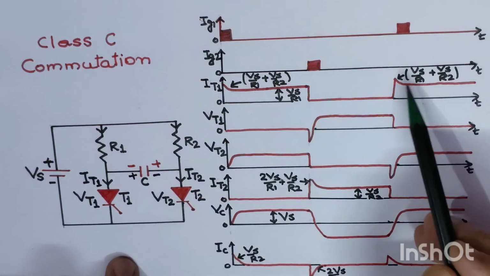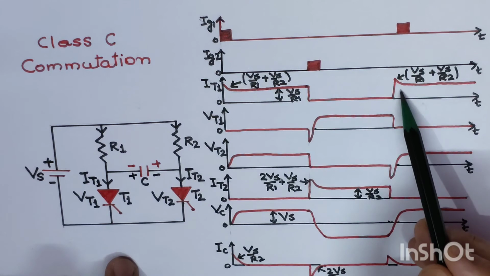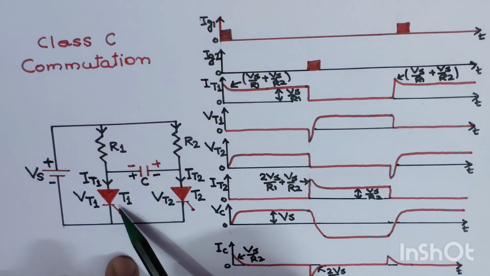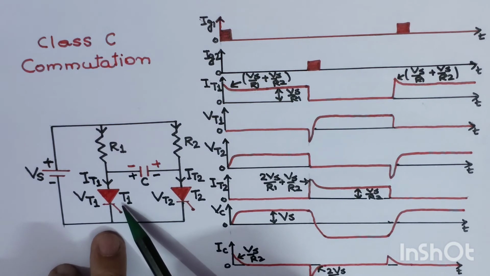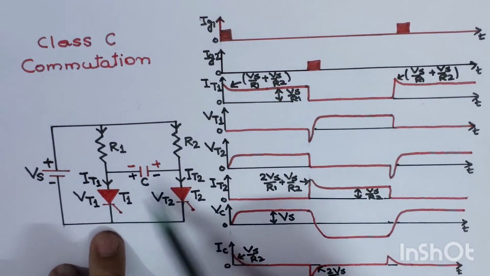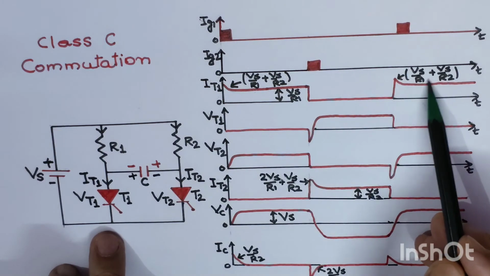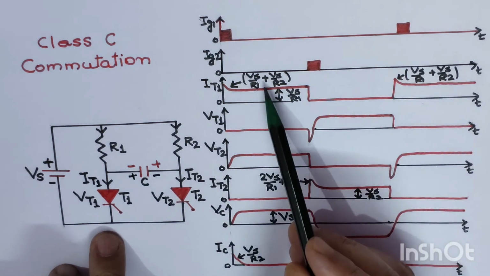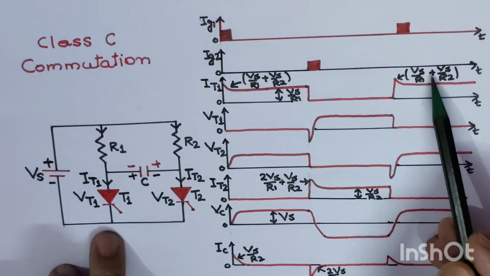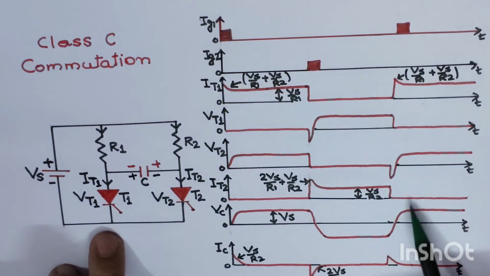Now thyristor T1 will be conducting, and the current flowing across thyristor T1 will be Vs by R1 plus Vs by R2, as I have shown here previously. So this process will be repeated for the rest of the cycles also.